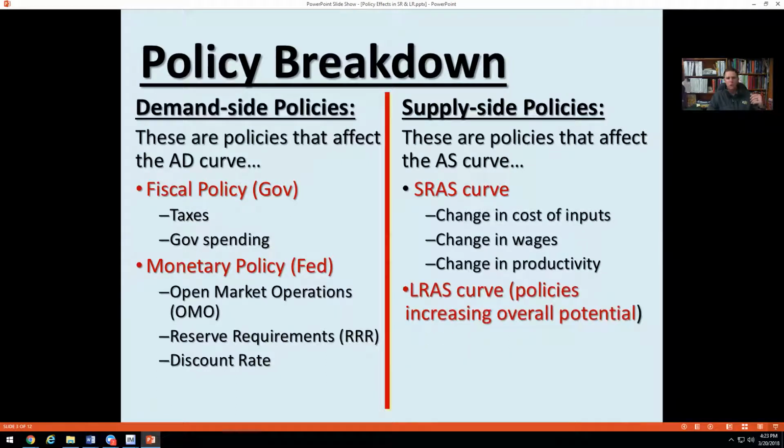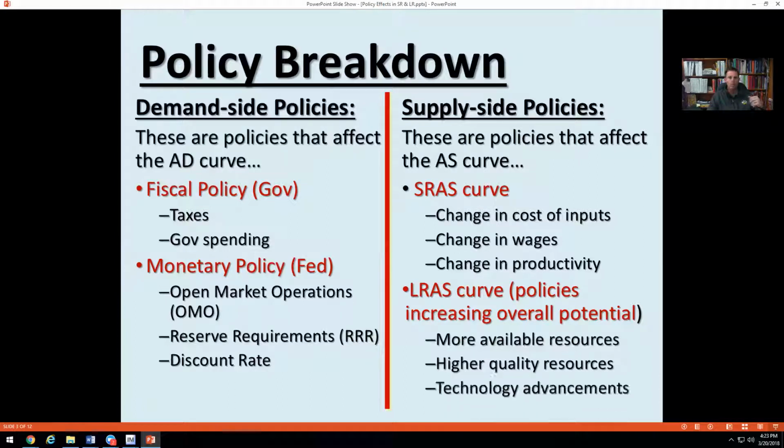And then long run curve policies increasing overall potential. As we know, more available resources, higher quality of resources, technology advancement. So it'd be like a larger or a more quality workforce. If we had a population boom or we had better education and training for people, this would ideally shift our aggregate supply to the right.